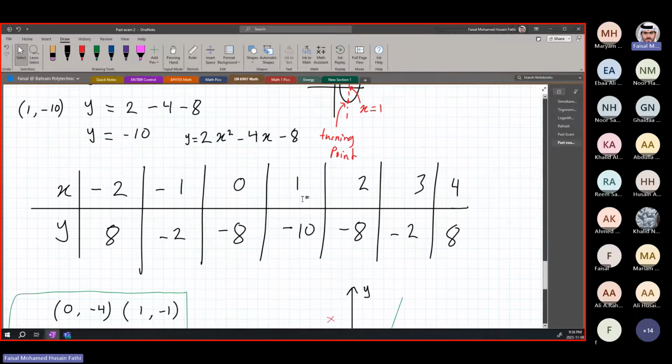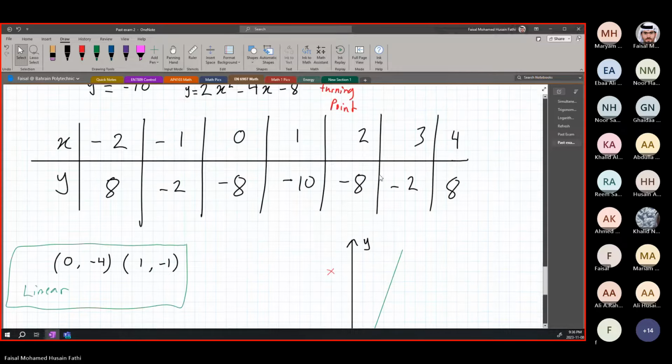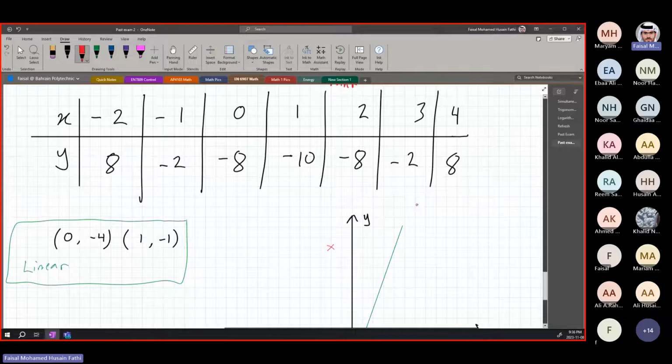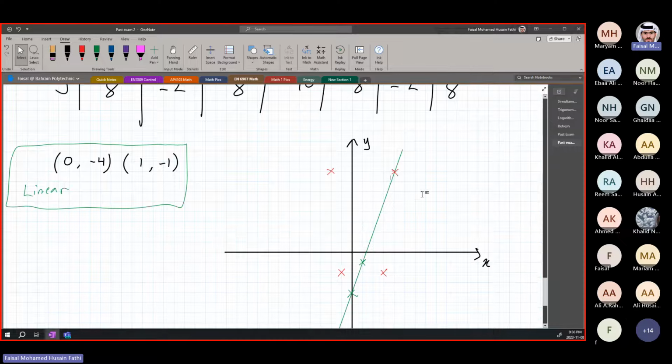Then 2, minus 8: x equal to 2, we go to minus 8, which is here. Okay. 3, minus 2: we go to 1, 2, 3, minus 2, which is here. And then 4, 8, which is going to be somewhere here, and luckily it is intersecting.